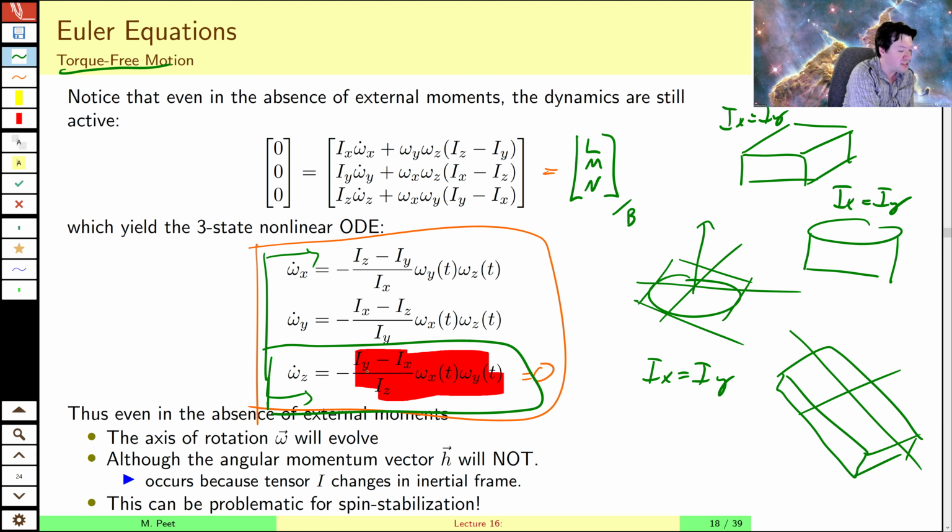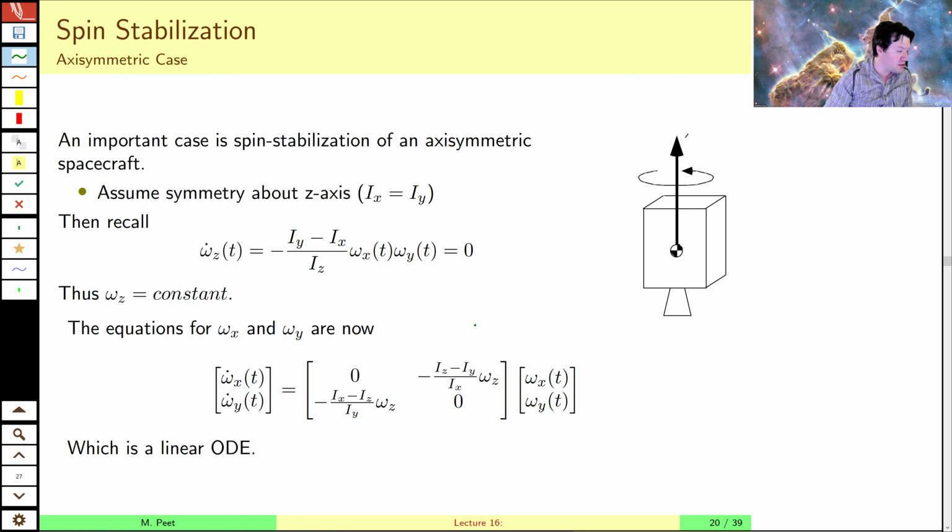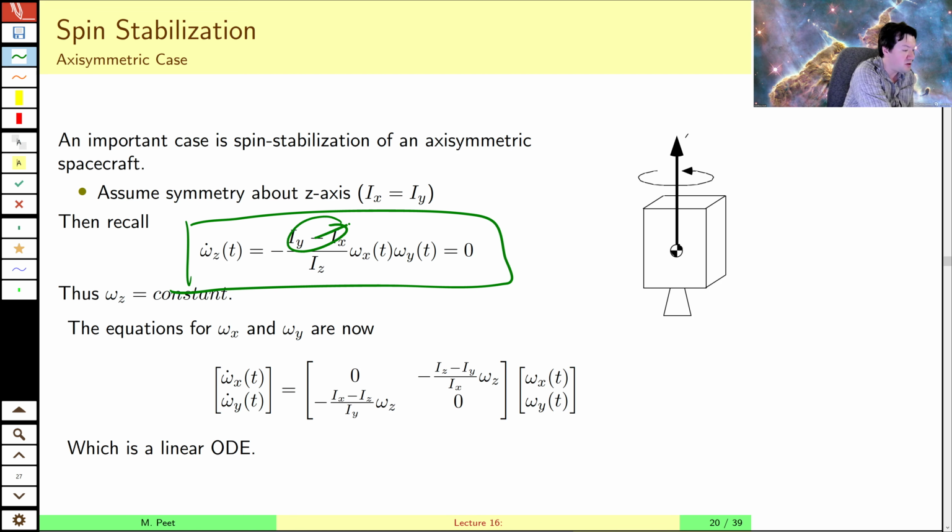If we look at this one, the special case of Ix equals Iy means that this goes to 0. And so if we look at that third equation of motion, Ix equals Iy means that that part goes to 0. And 0 times anything is 0, and so the right-hand side is all just 0. And so the important part is that omega dot z, the component of the rotation vector in the z direction, could be down, but looks like we've drawn it up.